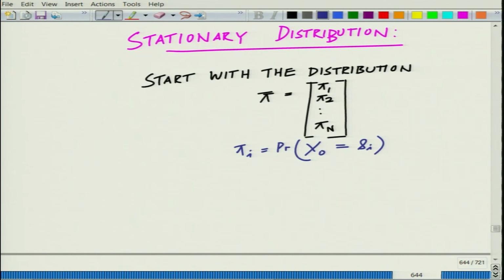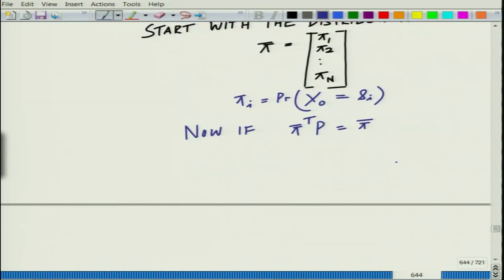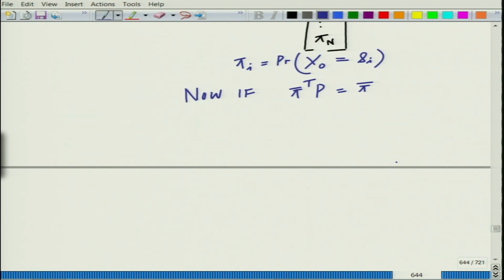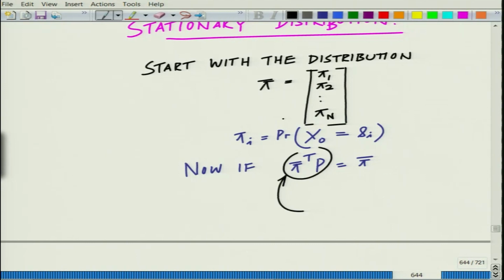Then what happens is, if pi bar transpose times P equal to pi bar. Now let us consider a probability distribution. This is the probability mass distribution for the initial state, right. So, we start with the distribution for the initial state.